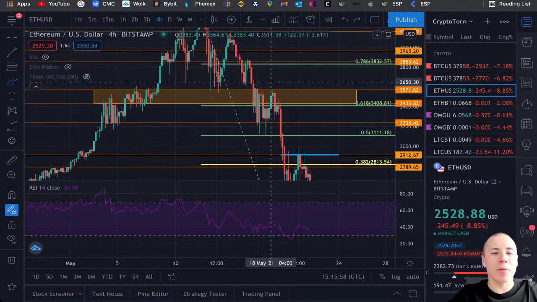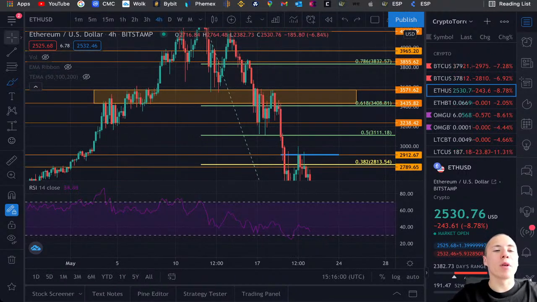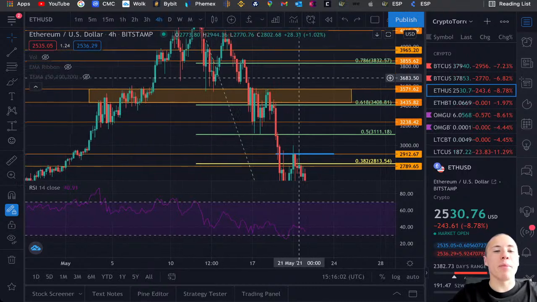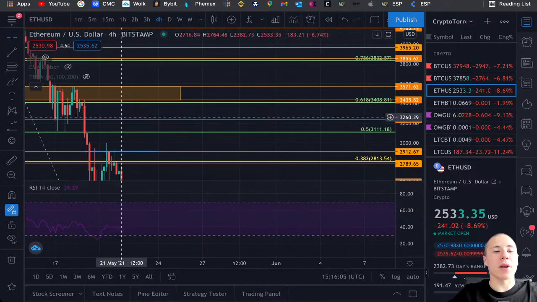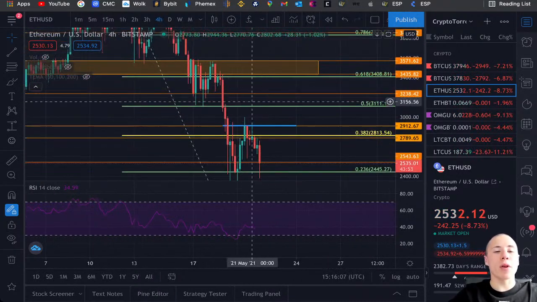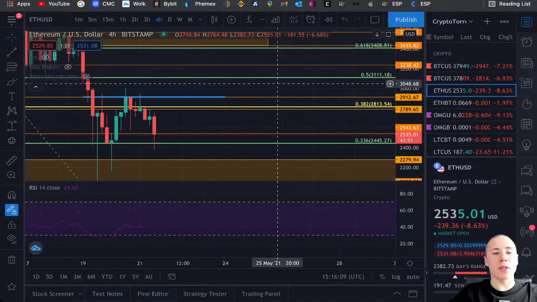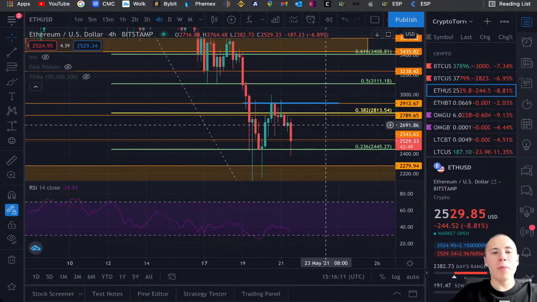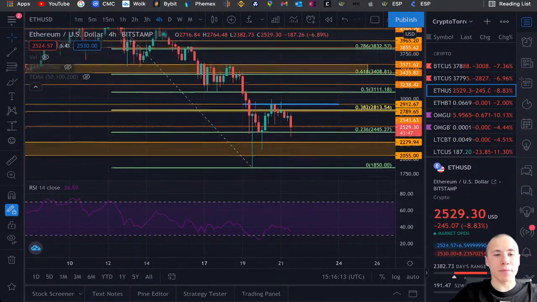So that is in particular why I think that we will be seeing this level as major resistance once this W pattern plays itself out, and we would see Ethereum break towards the upside once again.